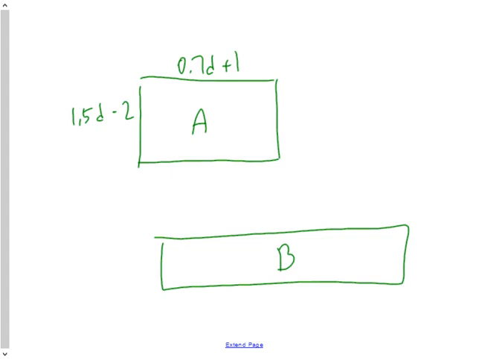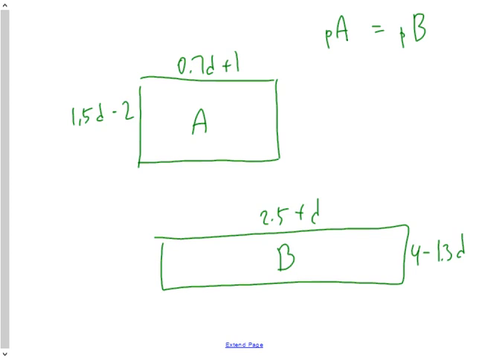Rectangle B has a length of 2.5 plus d and a width of 4 minus 1.3d. So because the perimeter of A is equal to the perimeter of B, that's the first thing it tells us. It says, what are the dimensions of each rectangle?